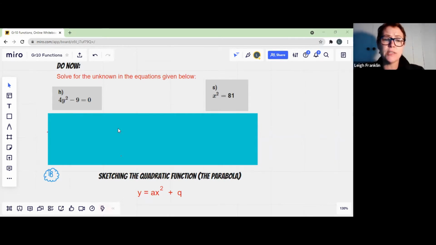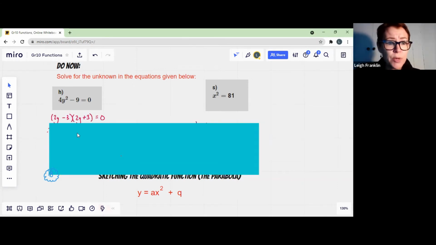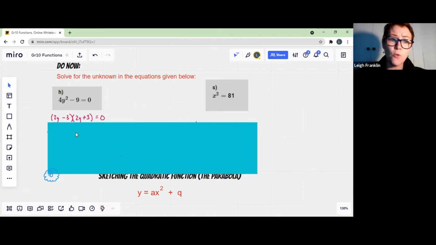If we were going to solve for y in this particular case, because this is the difference of two squares, we would need to factorize. So what we were supposed to do in our first step is factorize 4y squared minus 9 equals 0 into two brackets. It's a difference of two squares, so in the first bracket it's 2y minus 3, and in the second bracket it's 2y plus 3.